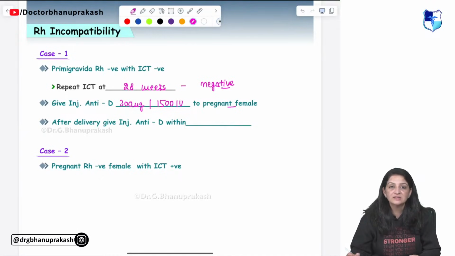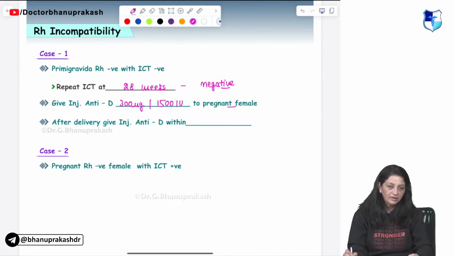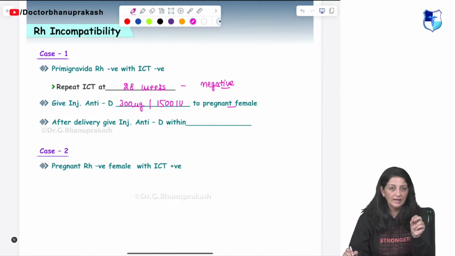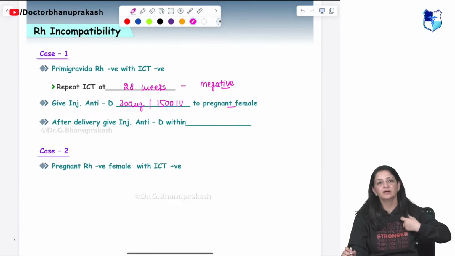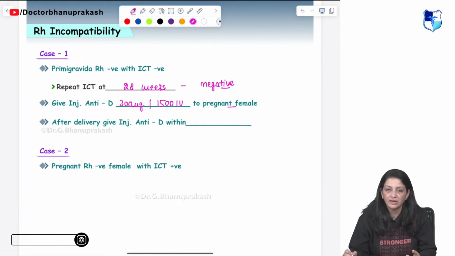This is called antepartum prophylaxis. It means if even a little fetal blood has entered the mother, neutralize it. Okay, so give anti-D 300 microgram or 1500 international unit to the pregnant female. This is called antepartum prophylaxis.